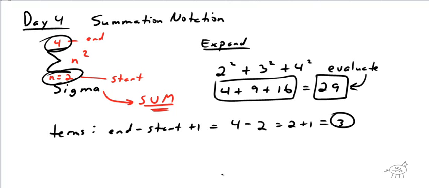So let's do a nice little friendly example here now. If I gave you guys summation n goes from 4 to 8 of 2n minus 3. That means I'm going to plug a 4 in, a 5, a 6, a 7, and an 8 into the problem. Okay? So if I do that, let's do it. I'm going to put it in brackets just to separate each one. So it's 2 times 4 minus 3.